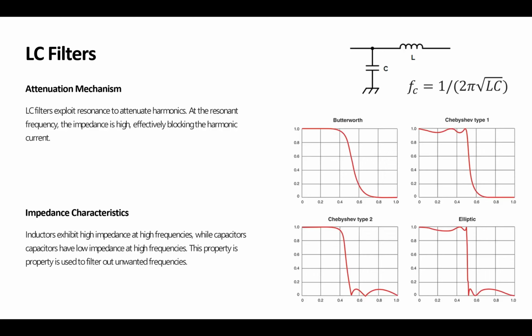You could search on them and learn about them. But how does an LC filter work, how does it filter out harmonics or several harmonics? Anyone know what concept the L and C use?